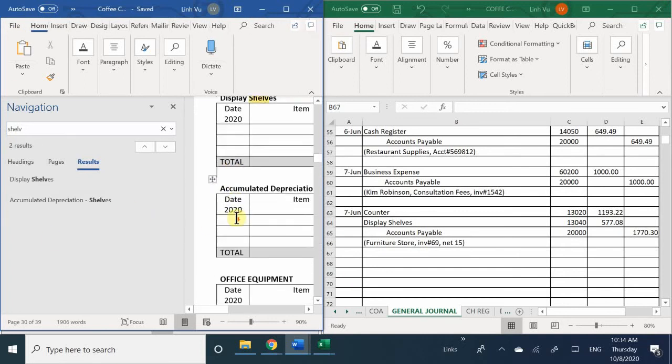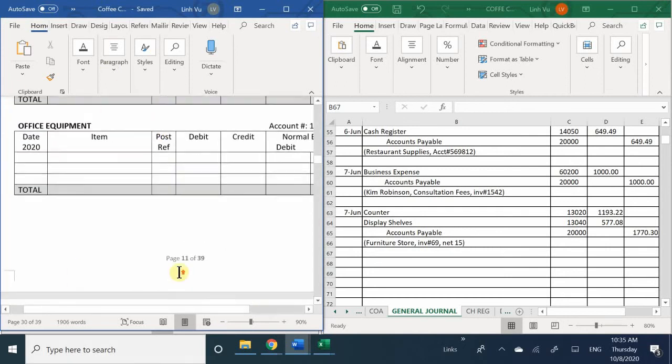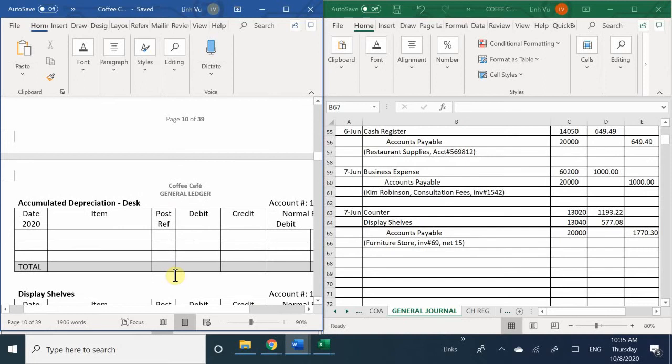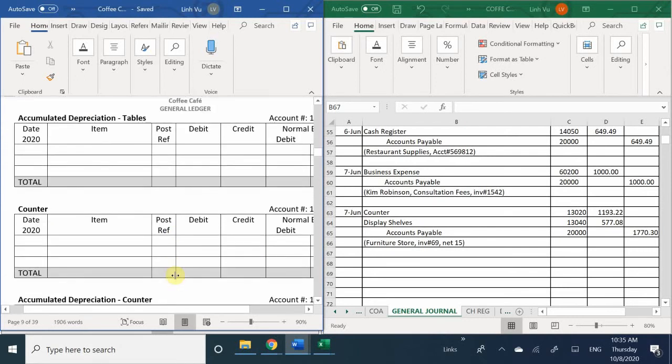So my display shelves is going to be on page 11, and the counter is going to be on the previous page, which is page 10. All right.